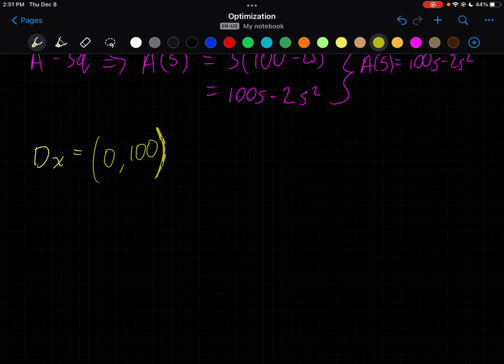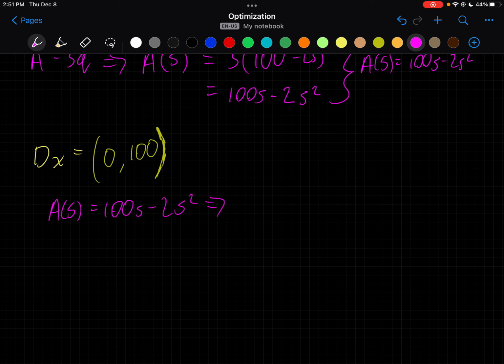So let's actually find the other candidates. We have our definite two candidates, which are 0 and 100. So let me write, this is the function that we got: A of s is equal to 100s minus 2s squared. Well, you find the derivative of that, and it's just simply 100 minus 4s.